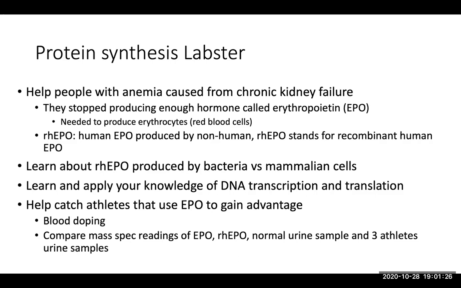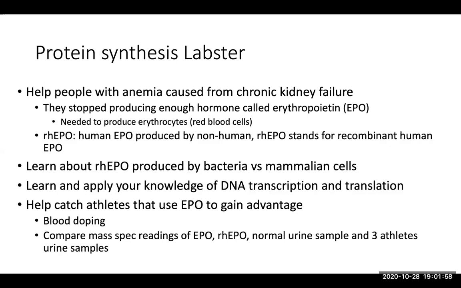They tend to have certain cells that produce the hormone called erythropoietin stop working, and erythropoietin is needed to produce red blood cells. So if you don't make enough red blood cells, then you can become anemic, right? Because anemia is not having enough red blood cells, not having enough iron in your blood typically.